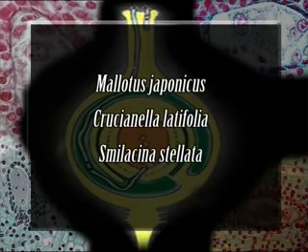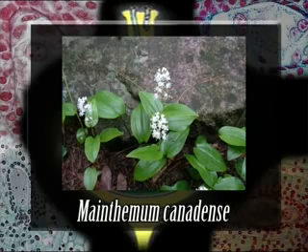Later, this type of development was also noticed in Melilotus japonicus, Crucianella latifolia, Smilacina stellata, etc. Sometimes, due to the failure of division of some chalazal nuclei at the 8 nucleate stage, there are fewer than 11 antipodals.